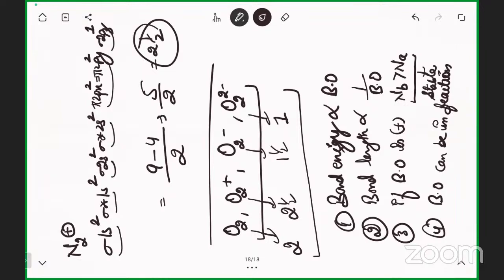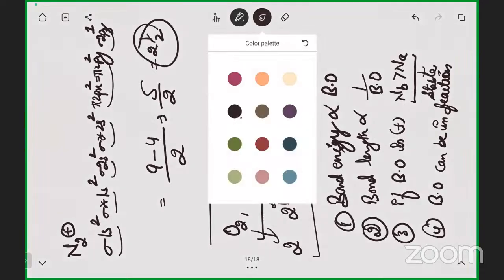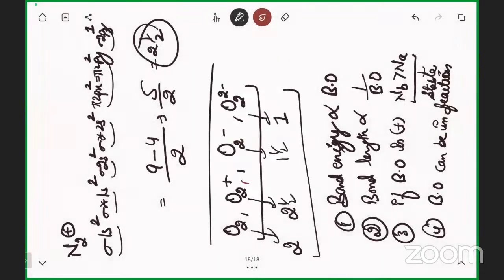O2 plus. Very good. O2 plus will have the highest bond energy just because the bond order of O2 positive is more.